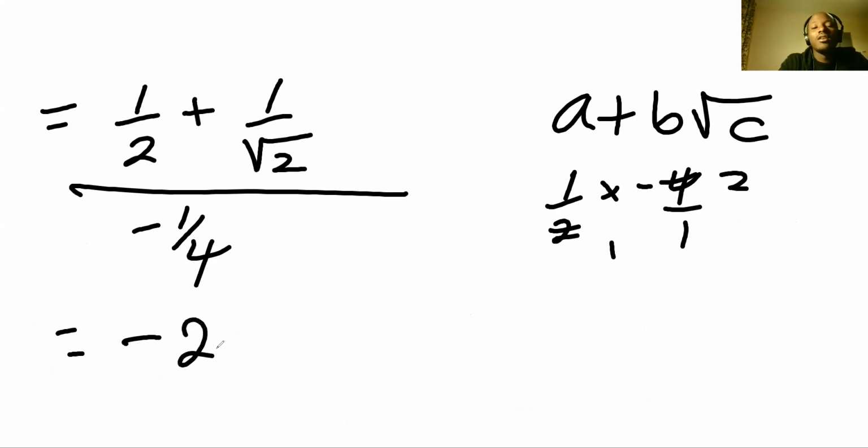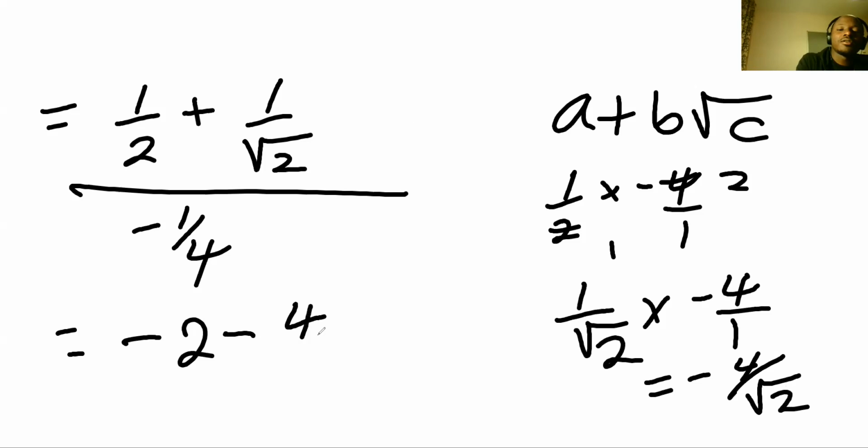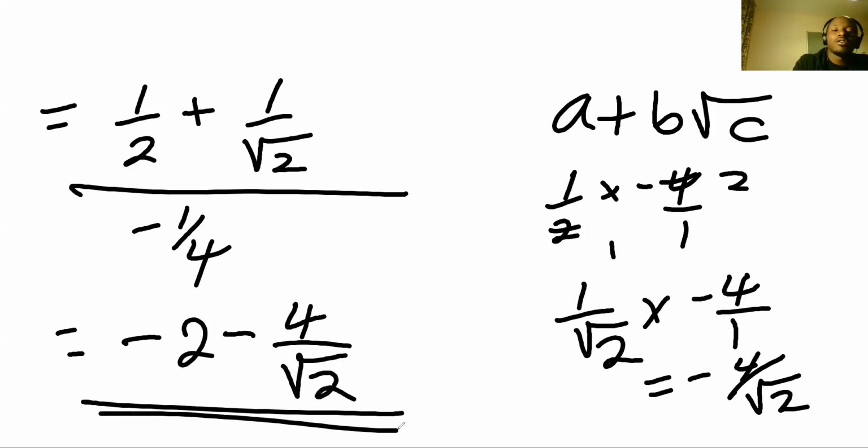Then 1 over root 2, divided by negative a quarter, will be times the reciprocal, 4 over 1. So that will be minus 4 over root 2. So you have your values.